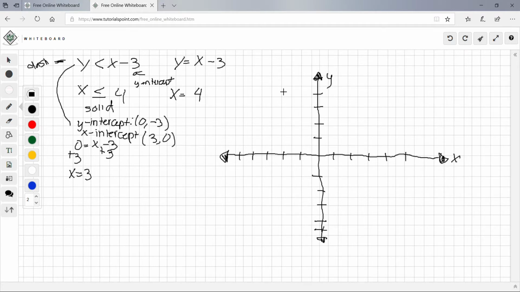Okay, so for this one, we know two things: the y-intercept and the x-intercept. So the y-intercept is 0, -3, and then the x-intercept is right here, 3, 0. And we said it's going to be solid. I mean, dashed, not solid.